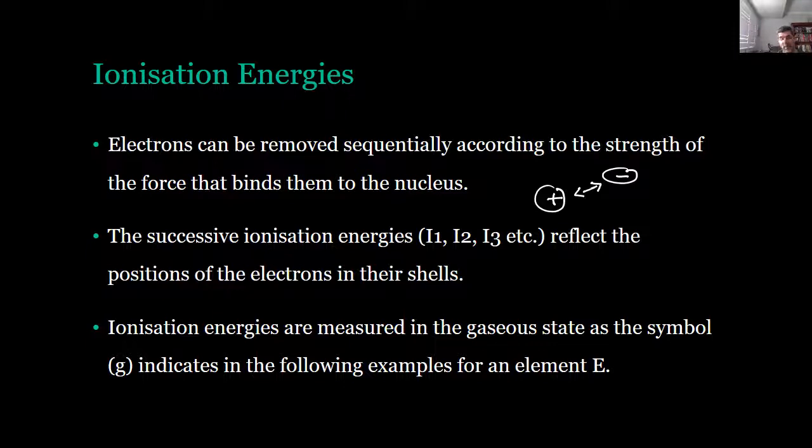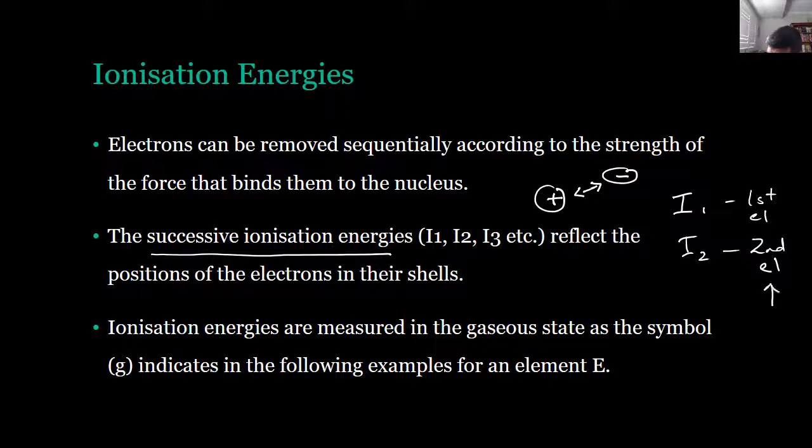The important thing to remember is that we can discuss things like successive ionization energies. I1 would be removing the first electron, and I2 would be removing the second electron, and so on. When you're removing the second electron, you're removing an electron from an already charged particle, a cation.